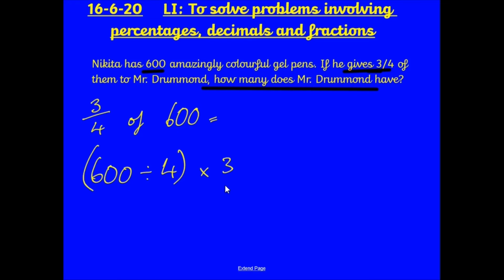So half of 600 is 300, and half of 300 is 150. And then I'm going to multiply that by 3. So I've done my brackets first. 150 multiplied by 3 is going to equal 450. So how many pens does Mr. Drummond have? I have now got 450 pens. Thank you to Nikita's generosity.